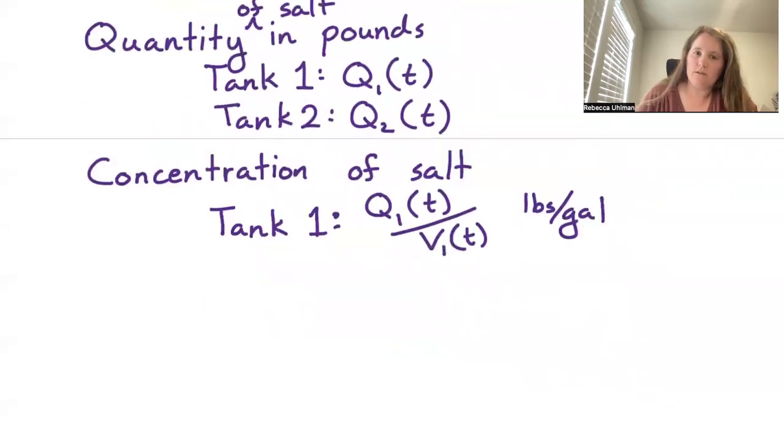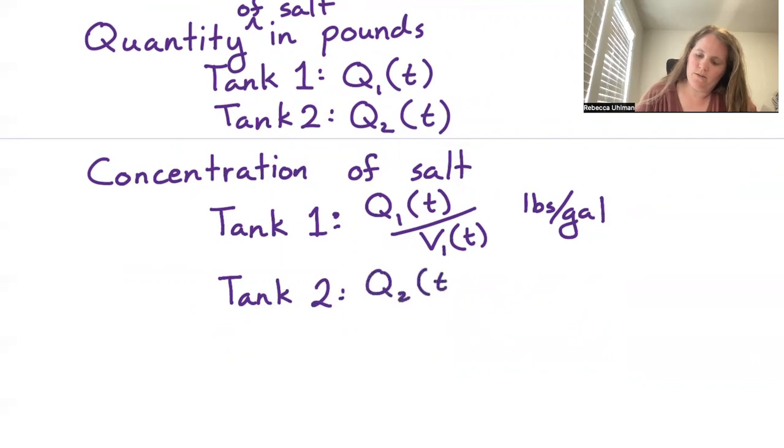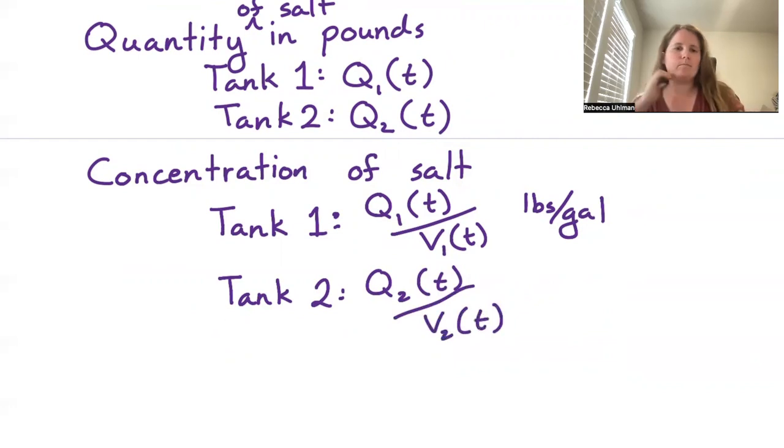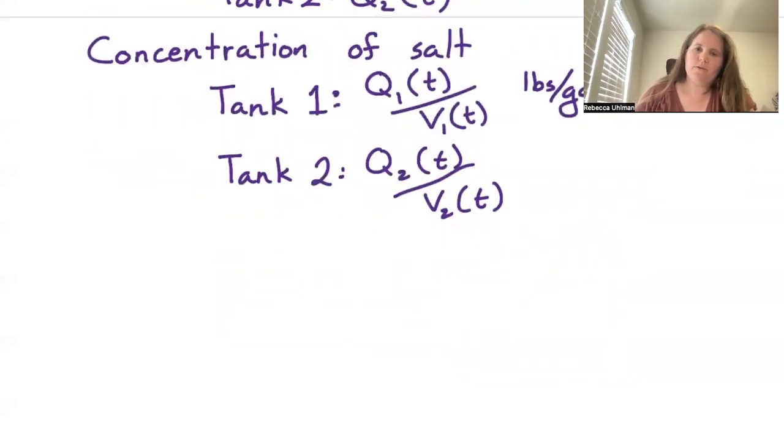The concentration in tank 2 will be Q2 of T over V2 of T. So let's first just figure out V1 and V2.